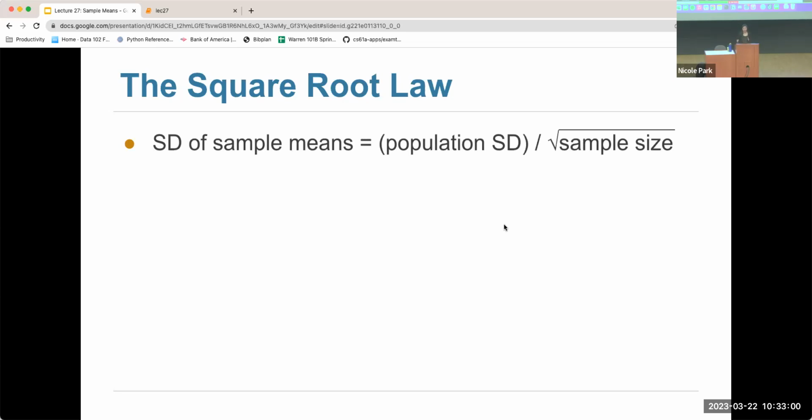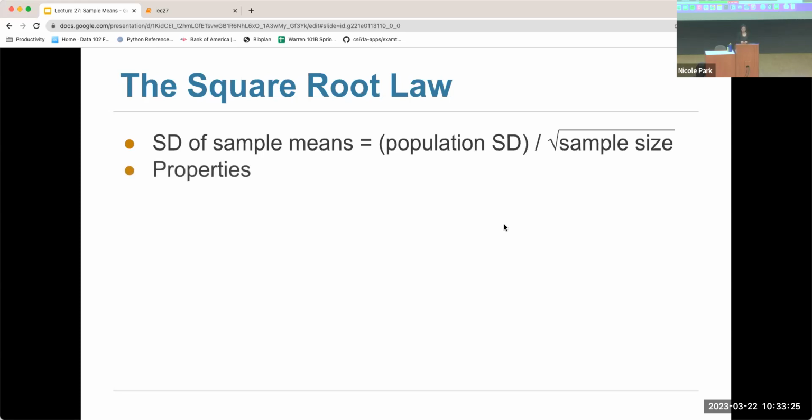If we don't know the population standard deviation, but we're taking samples from a really large sample, then we're going to estimate that population standard deviation using the entire giant sample's standard deviation. So that is the square root law. This is an equation you do want to know because a lot of times people think the population standard deviation is going to be exactly the same as the sample standard deviation, and that is not the case.